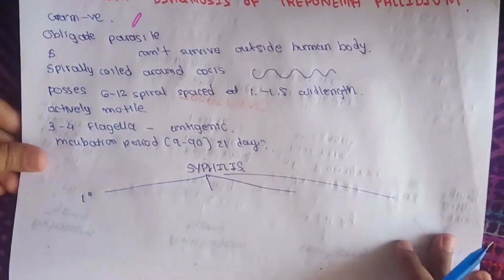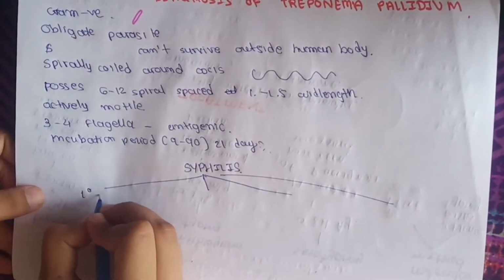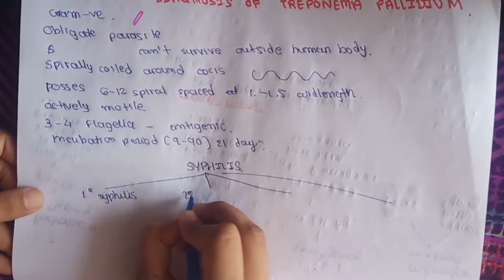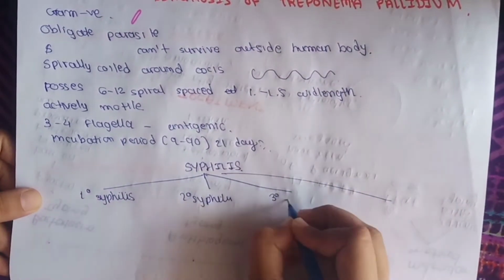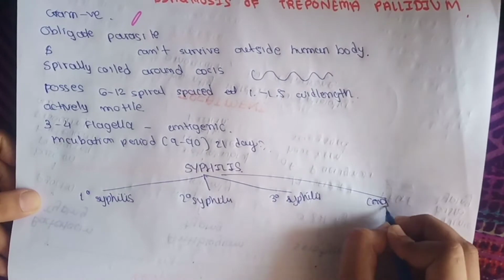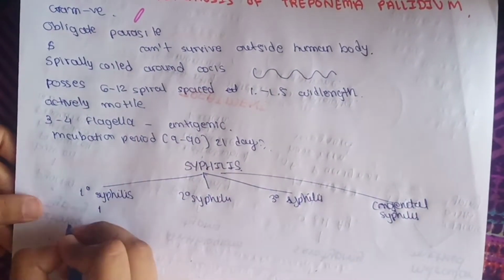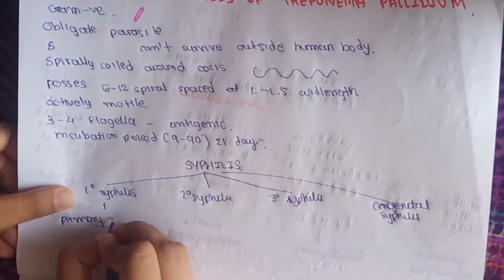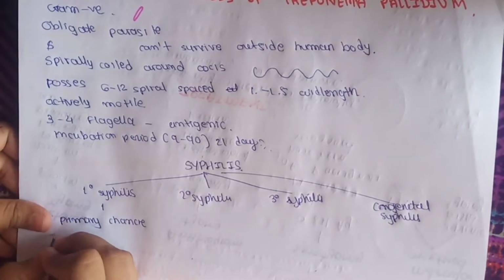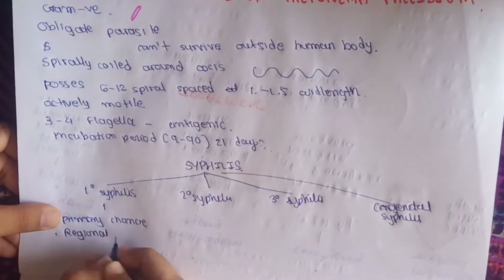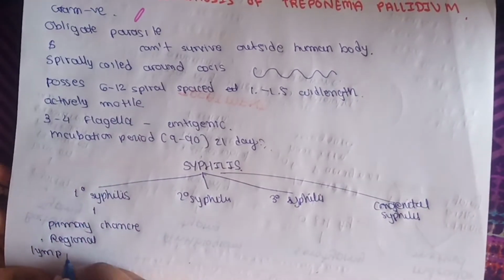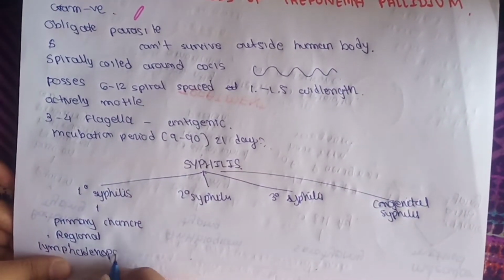Patients suffering from syphilis pass through these stages: primary syphilis, secondary syphilis, and tertiary syphilis, and there is a chance of congenital syphilis also. In primary syphilis, primary chancre develops. It is a painless ulcerated lesion, and there is also regional lymphadenopathy.